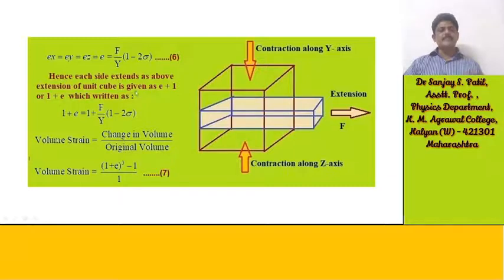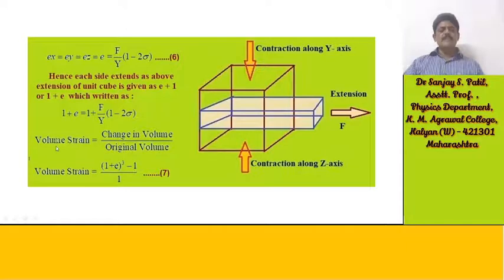The extended side of the unit cube is given as 1 plus E, where the unit side has an additional change of extension E. So 1 plus E is equal to 1 plus capital F divided by Y into bracket 1 minus 2 sigma.